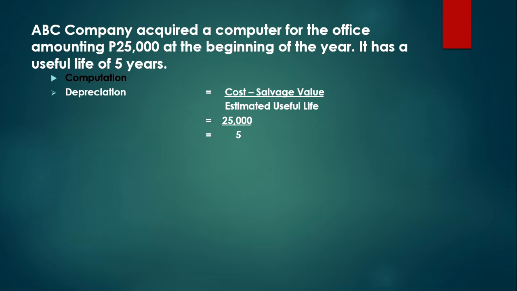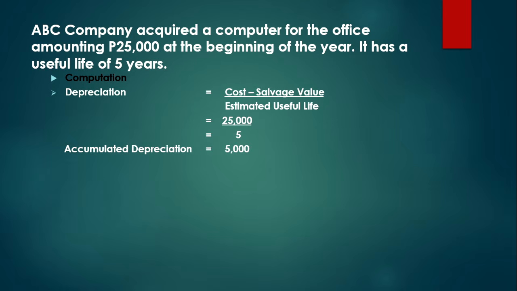Looking at this one, bakit hindi ko siya kinonvert sa month? Kasi, kung mapapansin nyo, binili siya ng beginning of the year, January 1. Tapos ang ginagawa natin ay December 31. Isang buong taon ang lumipas. So, years naman siya. Ang useful life natin ay years. So, no need for us to convert it into months.